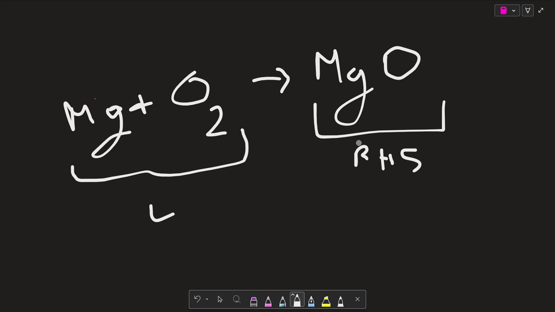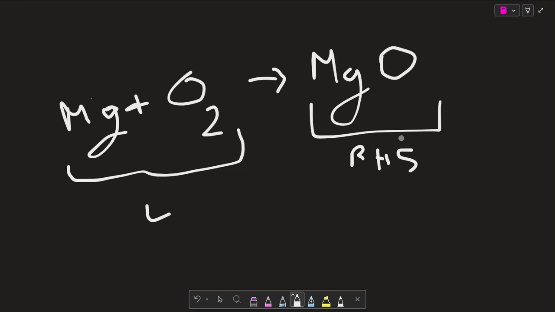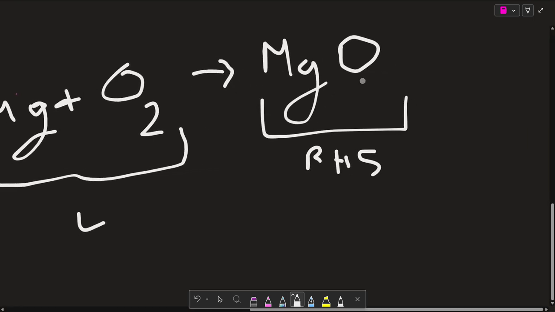of an equation equal. As we can see, in the left-hand side of this equation, the molecular mass of magnesium is 1 and the molecular mass of oxygen is 2 because oxygen is a diatomic element. So obviously its molecular mass is going to be 2. But if you look at the right-hand side, the molecular mass of magnesium is 1.